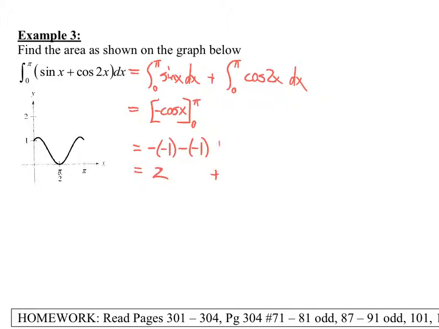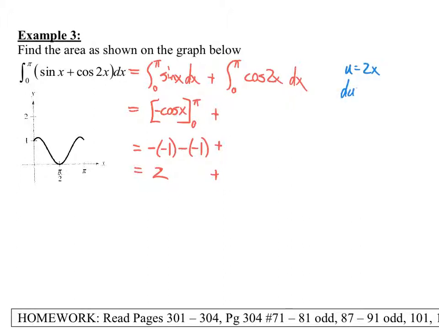Alright, so now we just have to do this other half. Now the integral of cosine of 2x. Here's where the u substitution comes in. What is u? 2x.